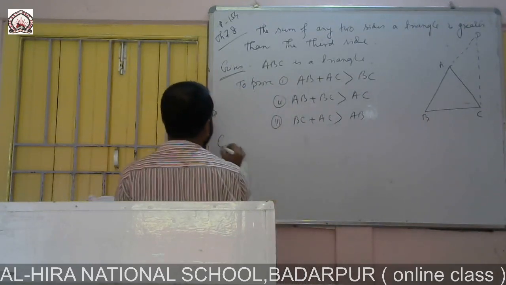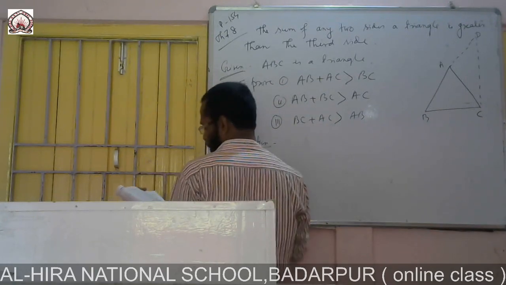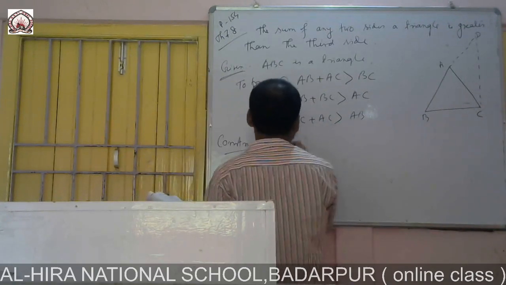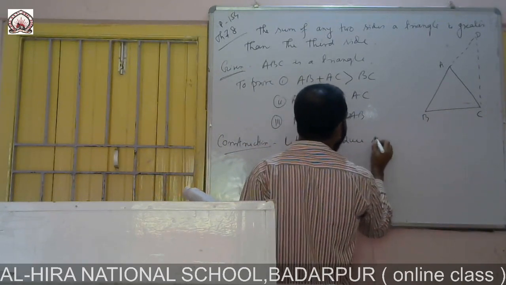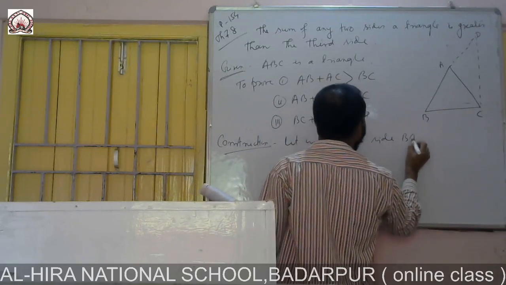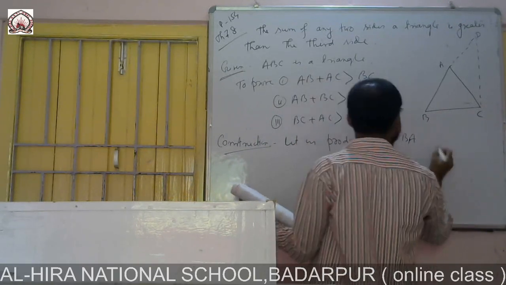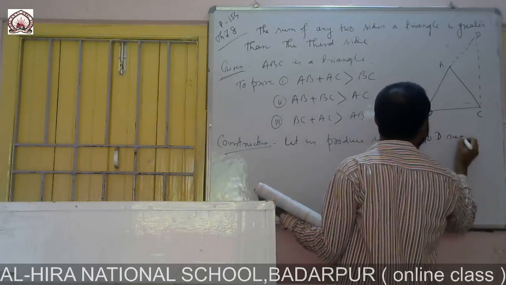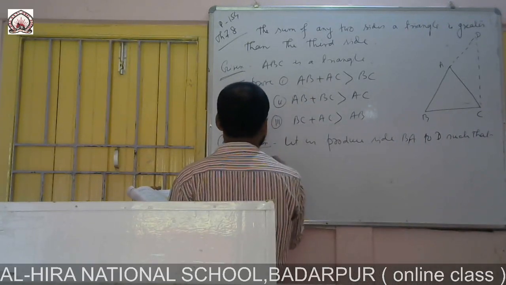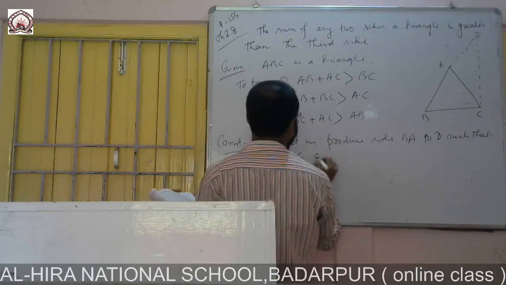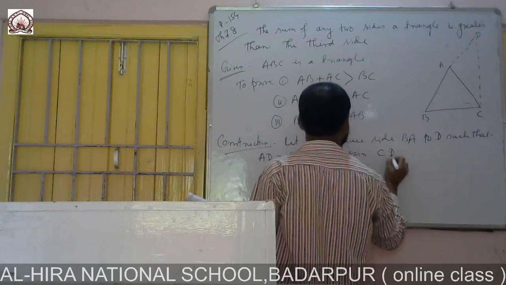Now construction. Let us produce side BA to D such that AD is equal to AC, and join CD.